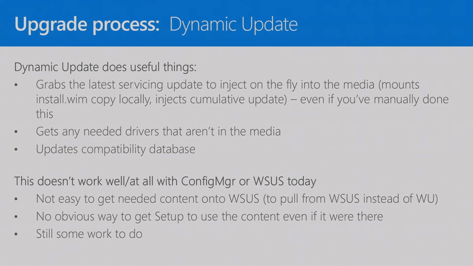So we're looking at those scenarios too, trying to figure out if we can provide better ways of doing that so each PC doesn't need to go out and download the bits necessary to do that. But at this point, you'll see a difference in behavior if you do Windows Update or Windows Update for Business versus WSUS or Config Manager to do this.